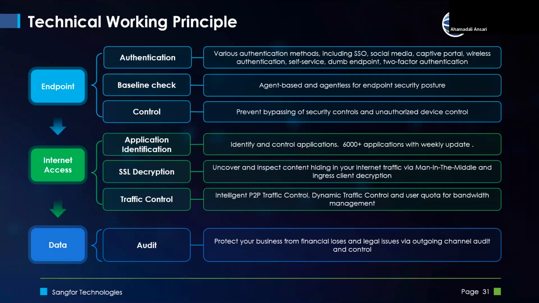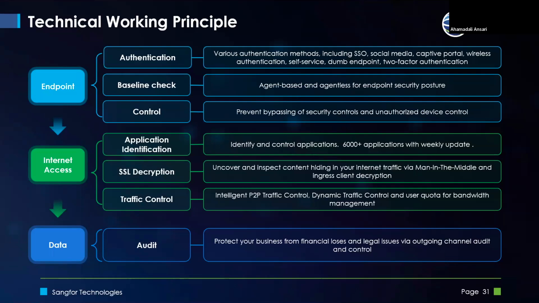Coming to the internet access, as I said, we can do the application identification. We have more than 6,000 applications, which are weekly updated. Most of the VPNs we can detect very well with the help of Sangfor, with a separate category defined for proxy tools, whether it is a browser-based proxy tool or an installed app, like FreeVPN or Ultrasoft, we can easily detect those things.